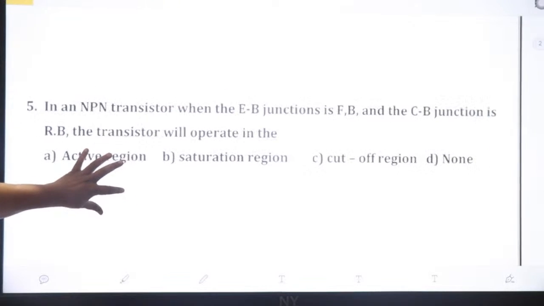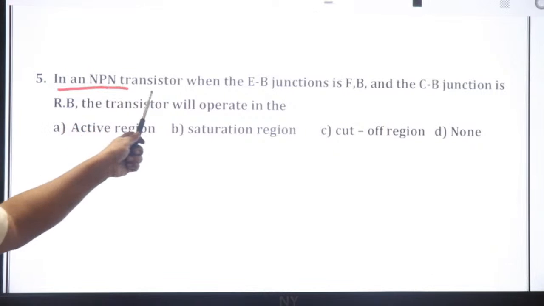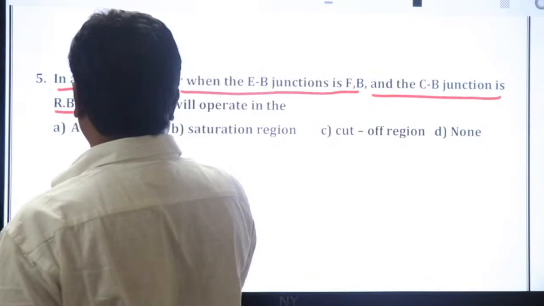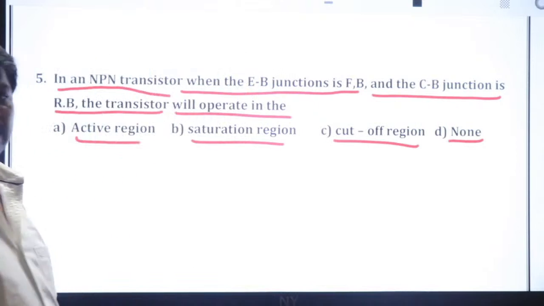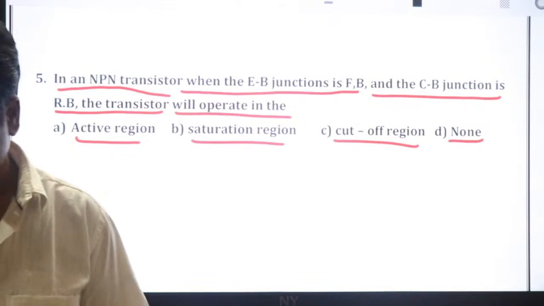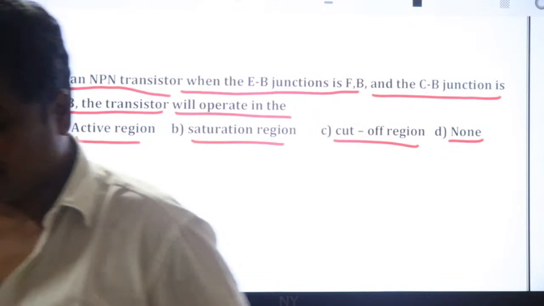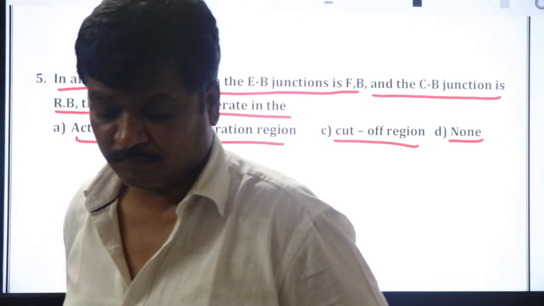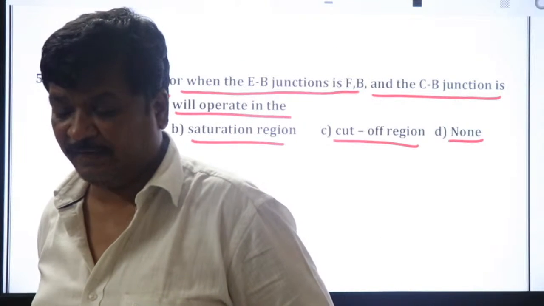Now you tell me, what is this question? In an NPN transistor, when the emitter base junction is forward biased and the collector base junction is reverse biased, the transistor operates in active region, saturation region, cutoff region, or none of these.